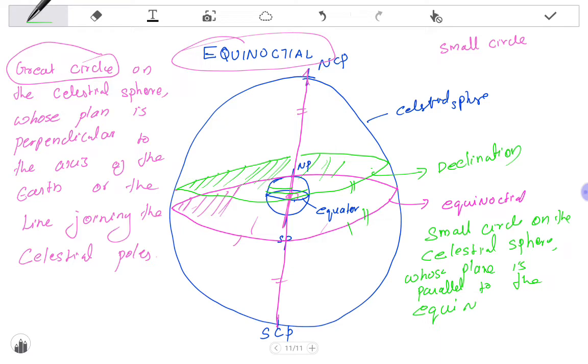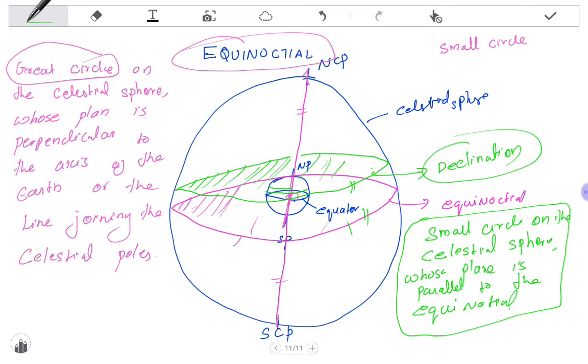Basically, in simple terms, Earth has latitudes and the celestial sphere has declination. This is the simple explanation and this is the definition of declination.